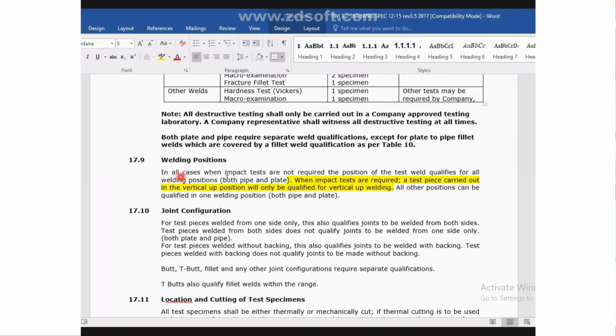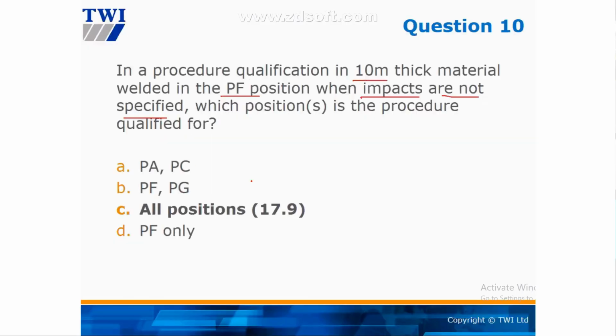In all cases, when impact test not required, the position of the test were qualified for all position. But if there is impact, then it will limit the qualification range. All right, so that will give us the answer C, all positions.